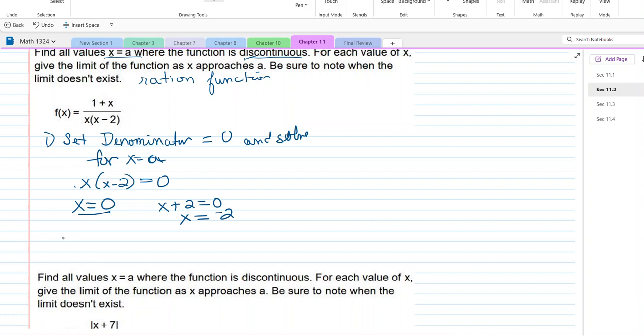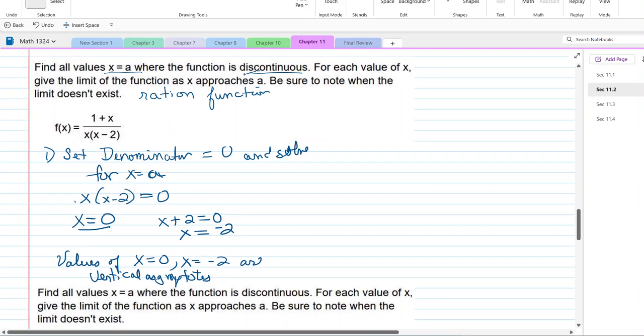So the values x equals 0 and x equals -2 are vertical asymptotes, or a removable point. In this case, they're not a removable point. They're asymptotes. All right. So we figured out first where it is discontinuous.